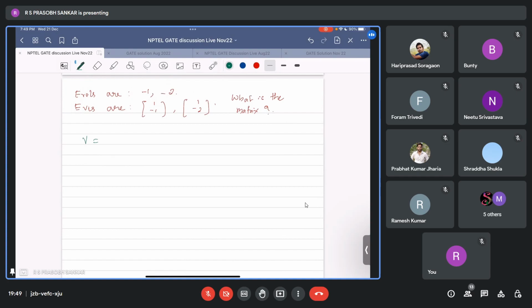So what do we have? We have V to be the eigenvector matrix, that is v1, v2. This is [1 1; -1 -2].